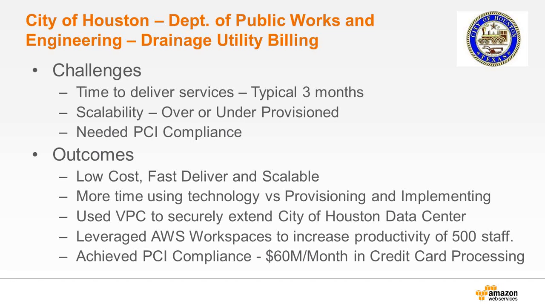And it's interesting in that they used VPC, virtual private cloud, to securely extend the City of Houston's data center, allowing their organization to use the technology more effectively without provisioning and implementing the infrastructure.